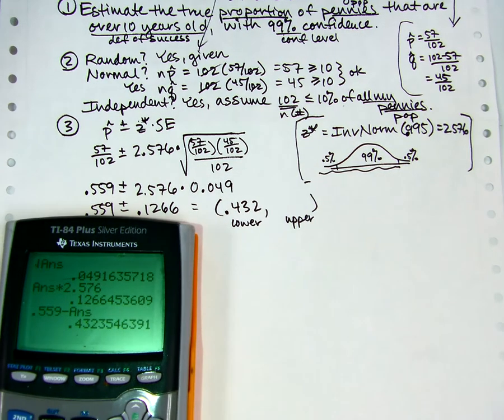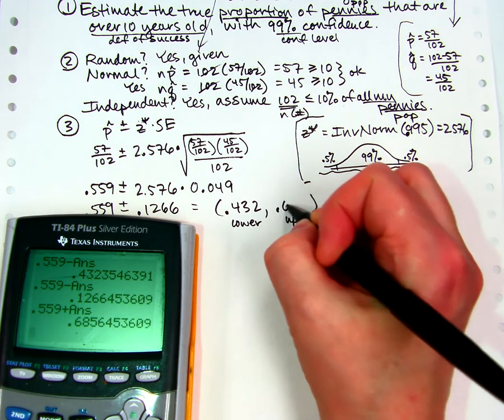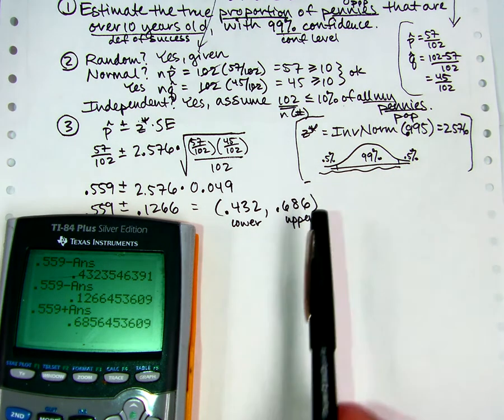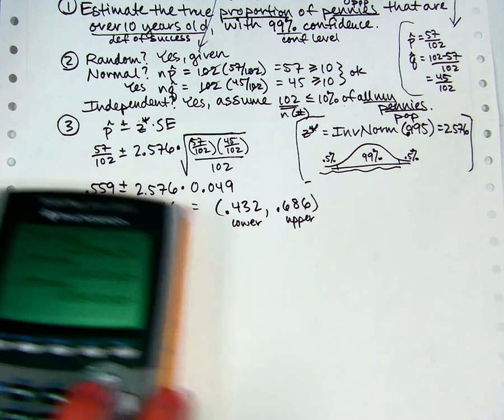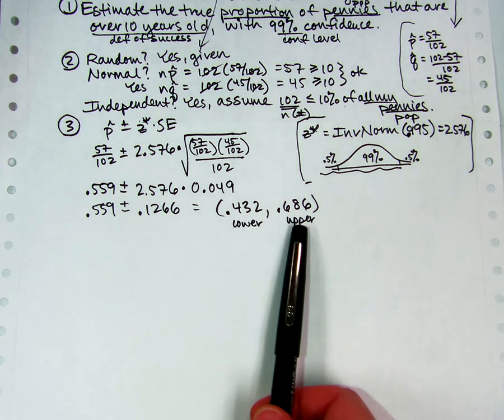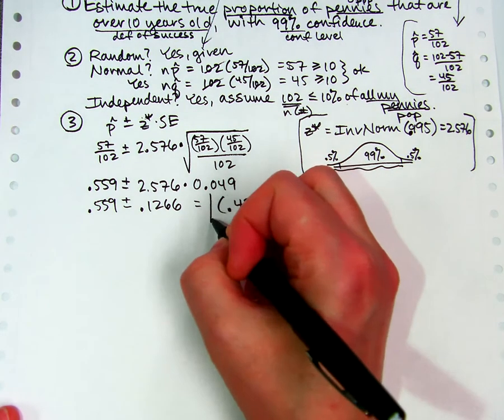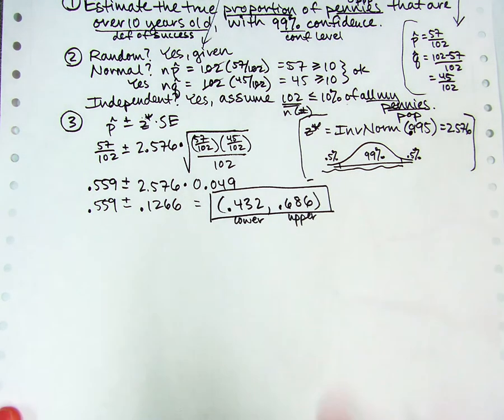And then if I go back to the margin of error and I do 0.559 plus that, then I get 0.686. If you put them backwards, I get annoyed because the interval notation is really supposed to have the lower number first and the upper number second. I know I'm picky. That's okay. This is the answer to the do stage right here.